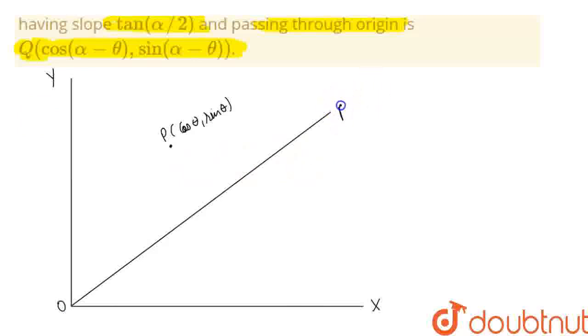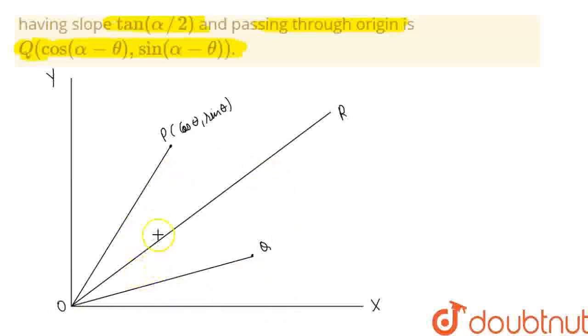This line is OR, and we also have a point Q, that is the image of the point P here. So if we join the point P with the origin, then we get the line OP like this. Similarly, if we join the point Q with the origin O, we get the line OQ like this.